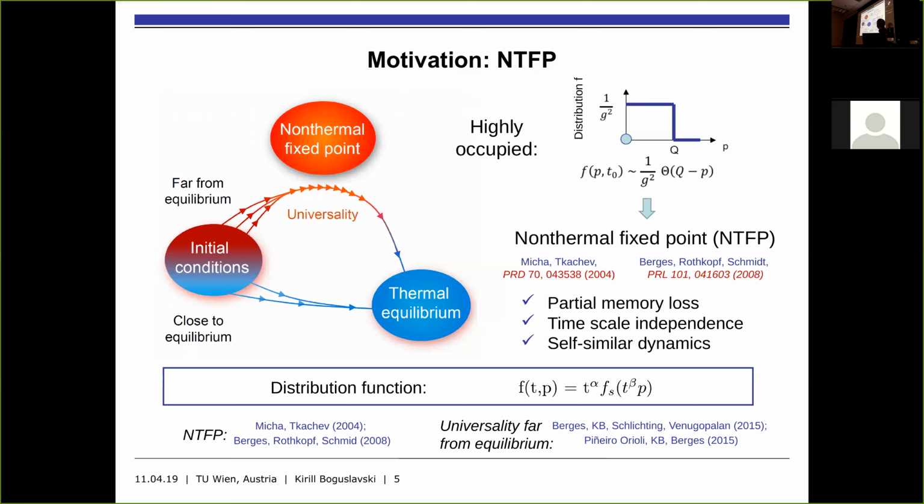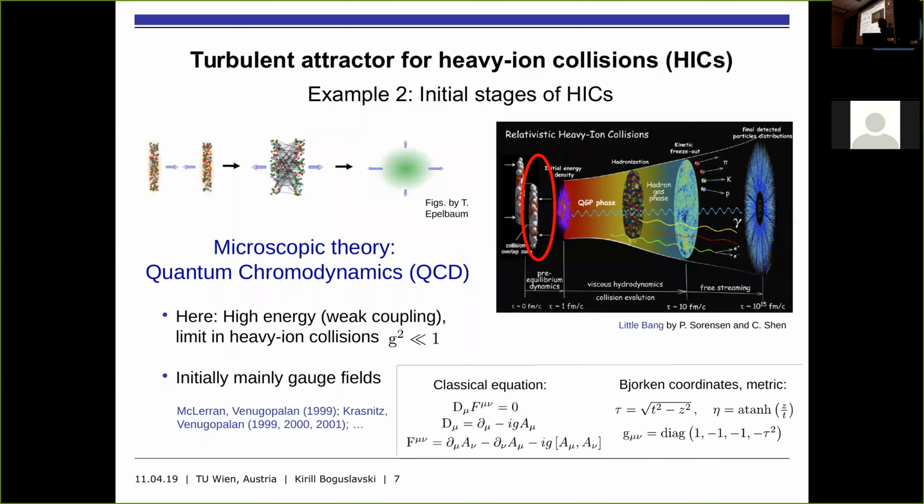So let's look at some of those examples. The first example will be, well, example 2, because the other one was the first example. One example will be heavy ion collisions. What we think about in heavy ion collisions are two nuclei colliding, and they are very thin because of Lorentz contraction.